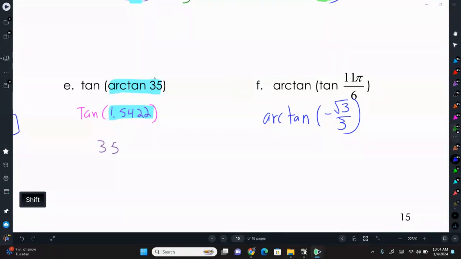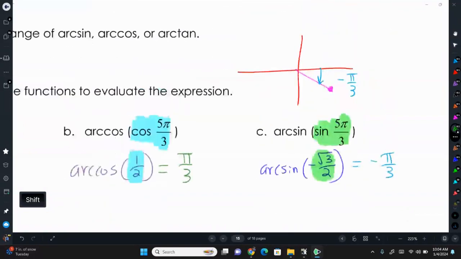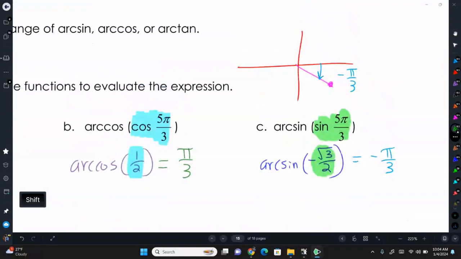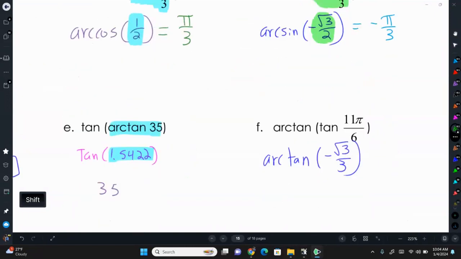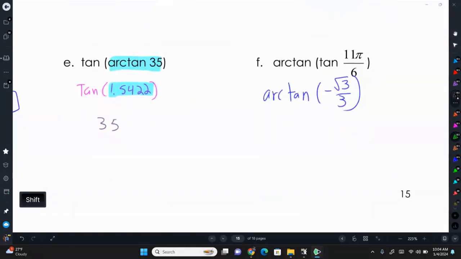Well, when is tangent equal to the negative square root of 3 over 3? Same idea up here when we were talking about the inverse sine. Inverse tangent is in these two quadrants, so we have to use a negative angle. So it's going to be negative pi over 6.